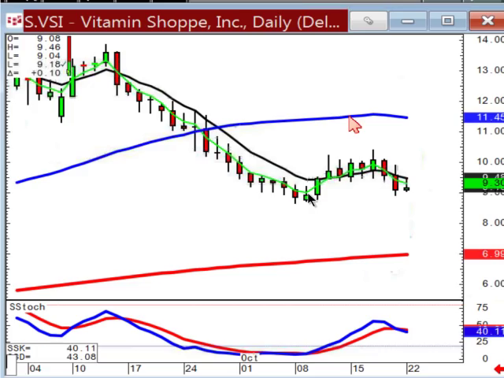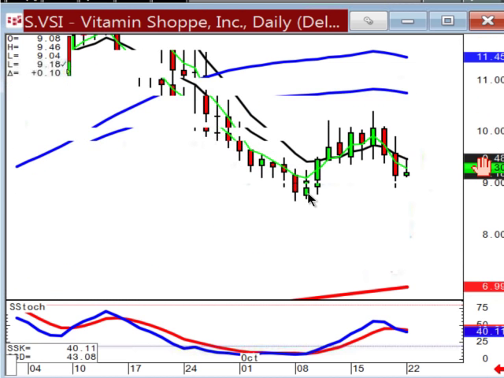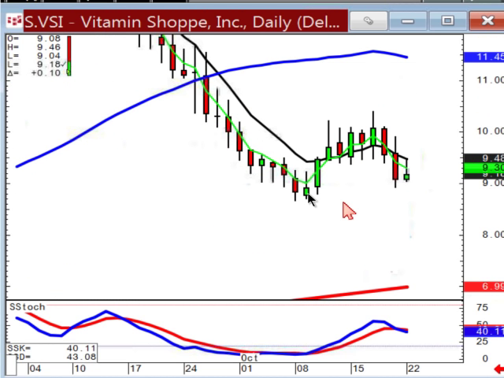I'd look at it and say, all right, closed here, close it out, it didn't work. So again, anytime I see it close below the T-line, I know the probabilities are greatly in my favor that I should be out of that trade.